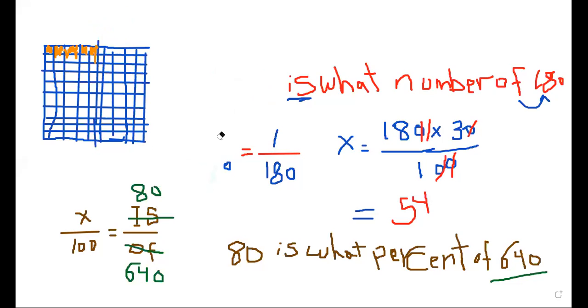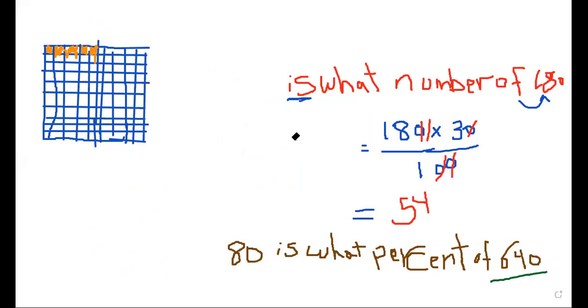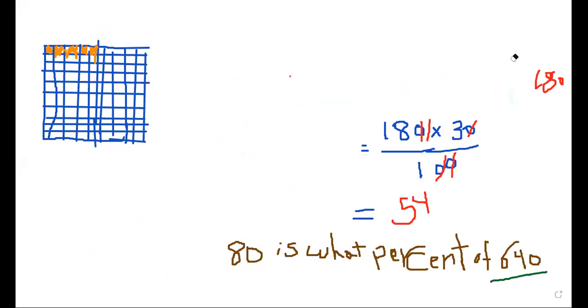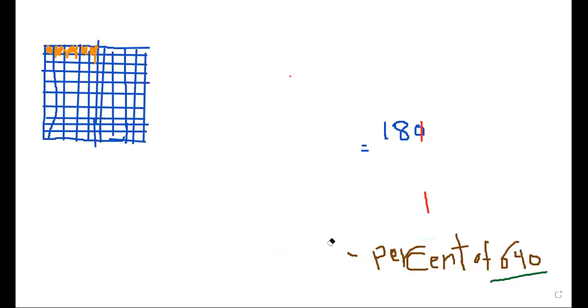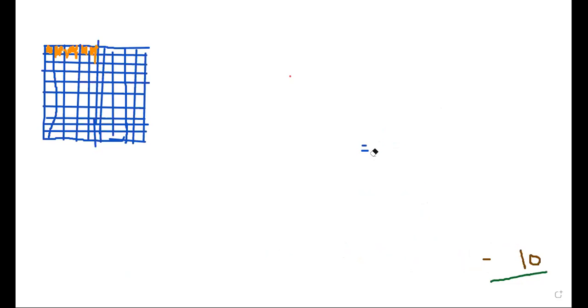Did you remember how we can change a fraction to a decimal? If you have 15%, how are you going to write it in decimal form? 15 over 100 equals 0.5.